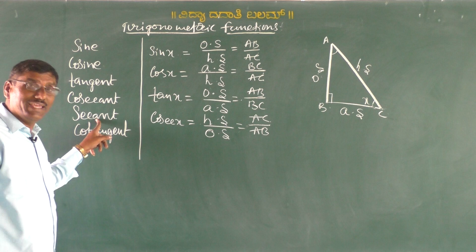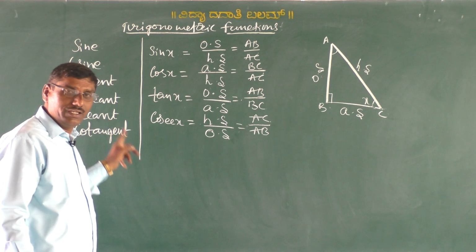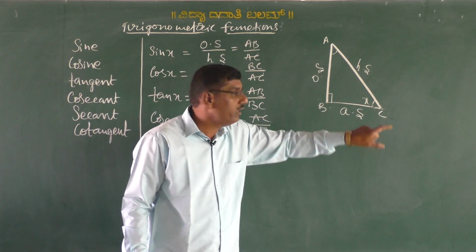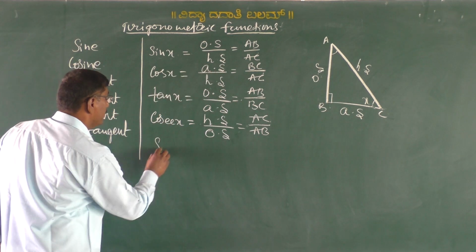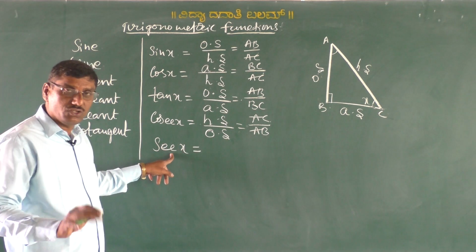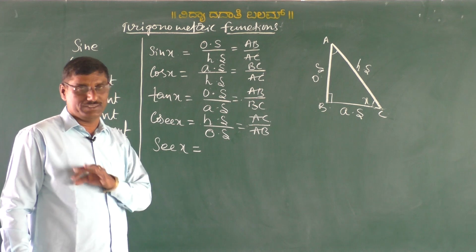Next one is the secant trigonometric function. The secant with respect to the acute angle x can be denoted as secant x. SEC, that's all. We read it as secant x, not sec x.